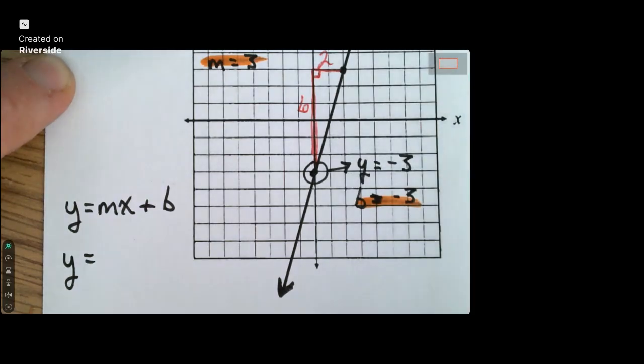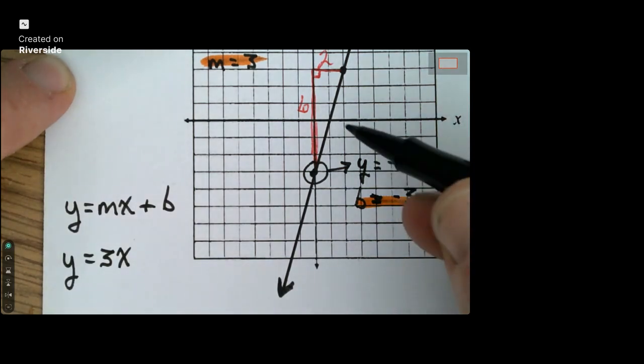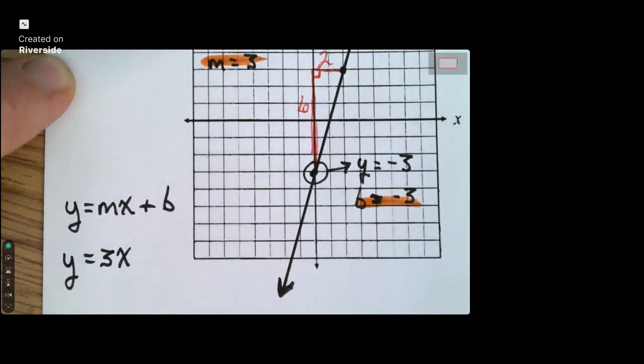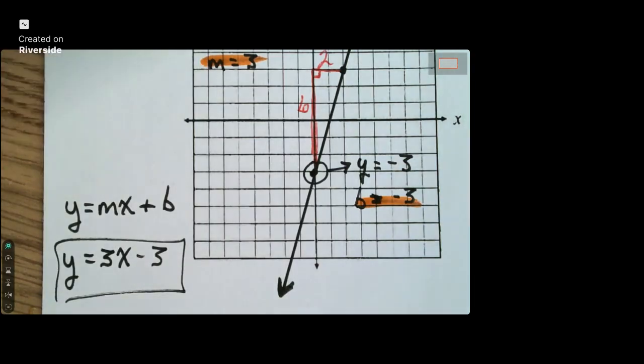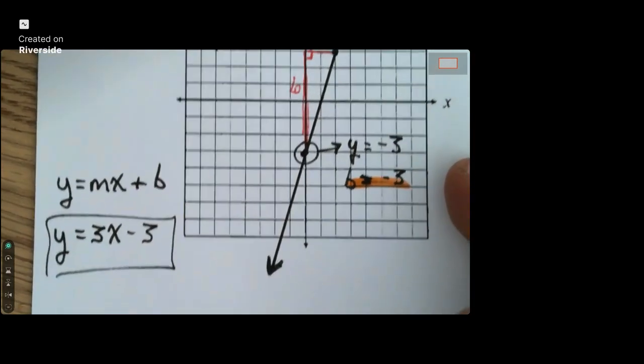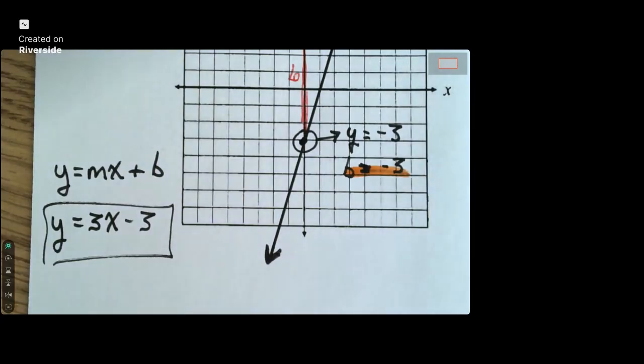This line is going up and to the right, so it's a positive 3 times your x value plus or minus b. In this case, it's going to be a minus, right? The line hits the y-axis at a negative y value below the x-axis, so it's going to be a minus 3. There is your slope-intercept equation for that line. Y equals 3x minus 3. Super simple, guys.